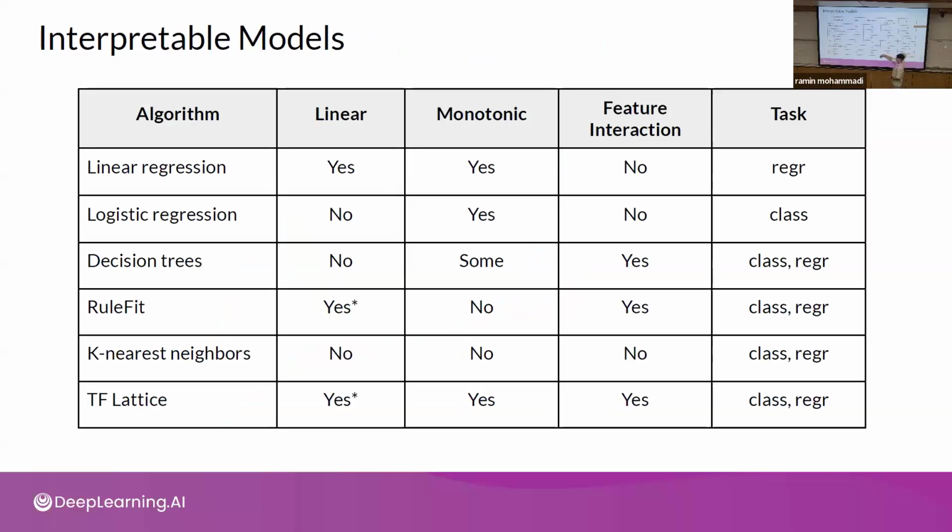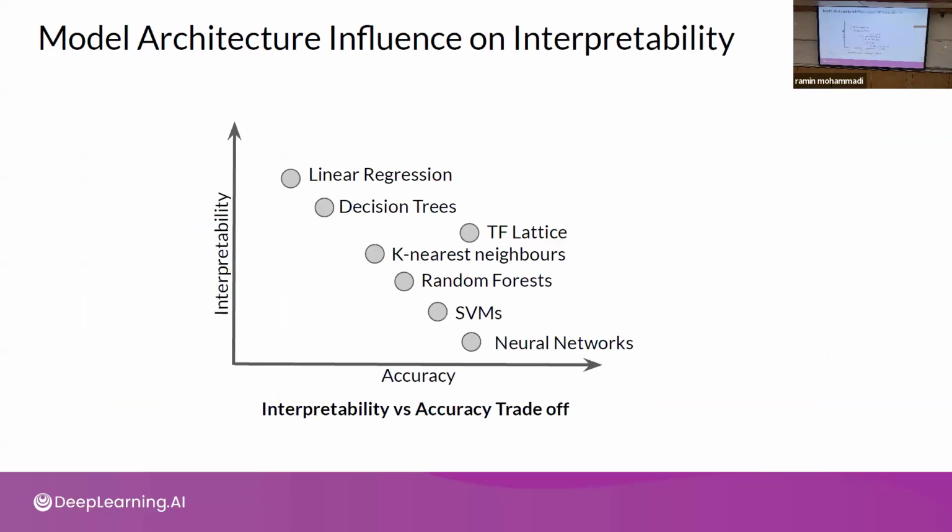Decision tree: non-linear, not monotonic. Rule fits are not. K-nearest neighbors is not. And then there's this, I don't know if you've ever heard of TF Lattice, TensorFlow Lattice. It's a type of model by Google that's pretty linear, monotonic and interpretable.